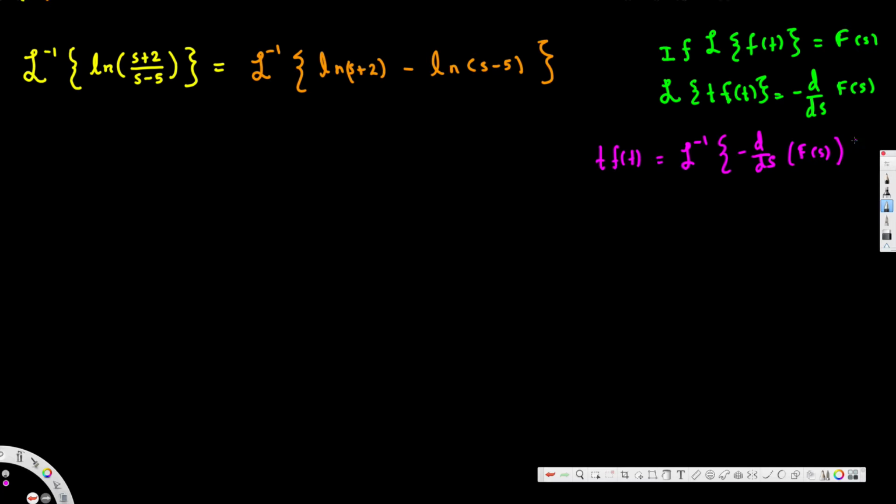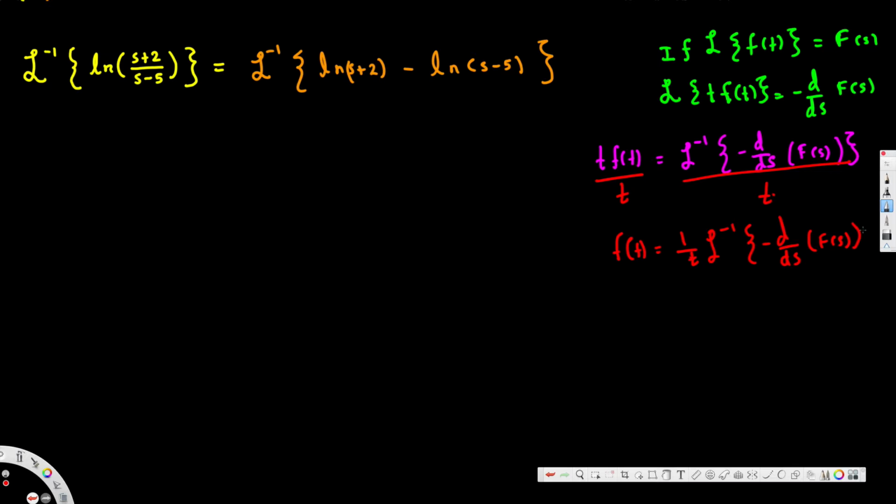Now here we only want the f of t part. To get rid of the t in the multiplication, we can just divide both sides by t. In that way we get f of t equals 1 over t times the Laplace inverse of negative d by ds F of s.